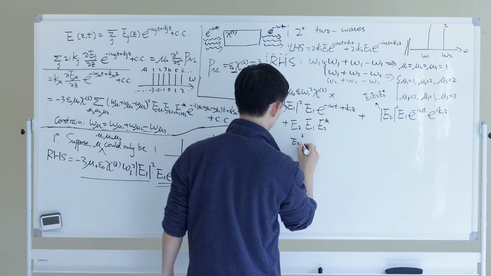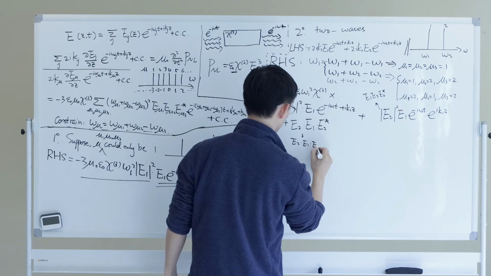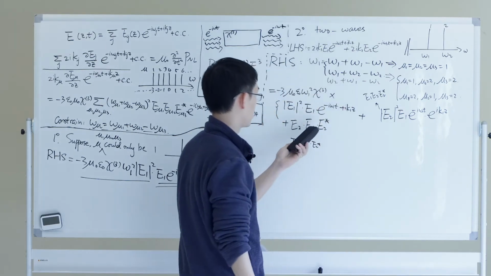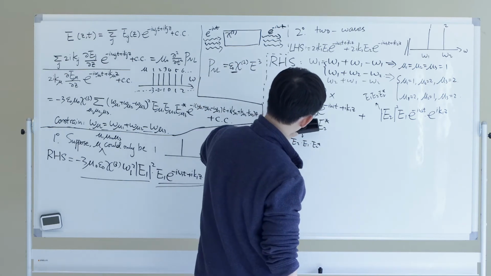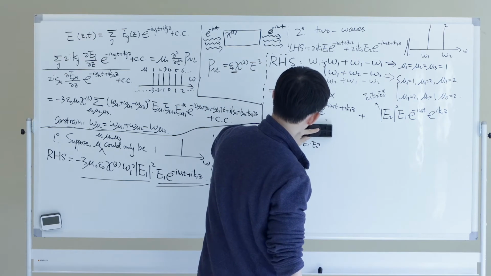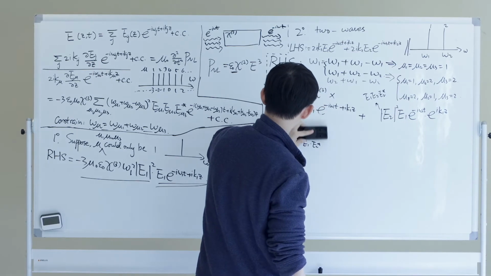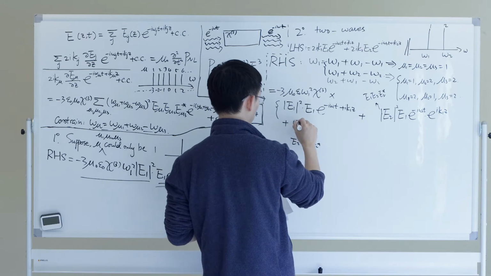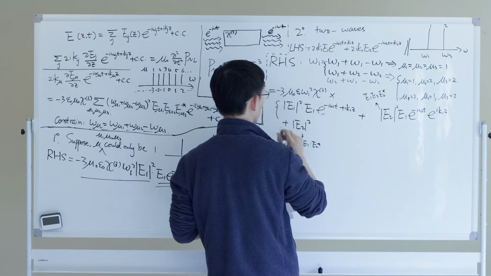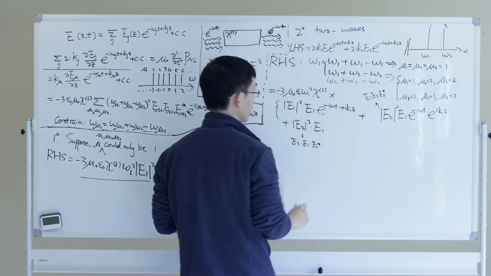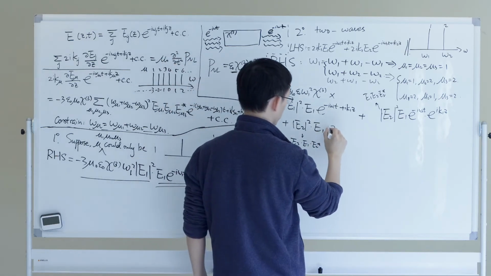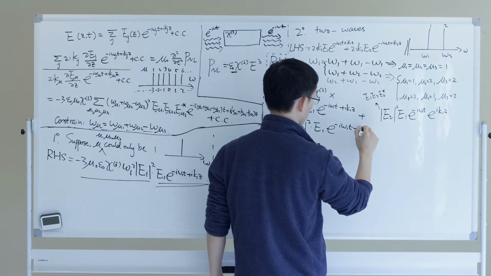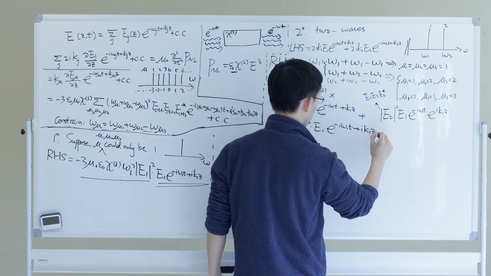You can move this one to the back, and E2 conjugate becomes E2 amplitude square, and then you are left with E1. So this term is also E2 square, E1. And then the frequency is, you can check, also omega 1, and the phase term is the same, i k1 z.